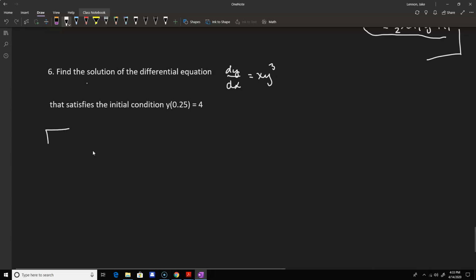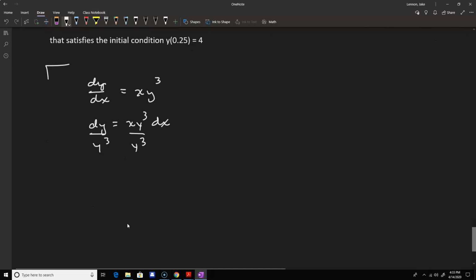So we have dy/dx equals xy cubed. So again, we have dy equals xy cubed dx. And then we want to divide by y cubed on both sides. So our separable differential equation has become basically y to the negative 3 dy equals x dx.